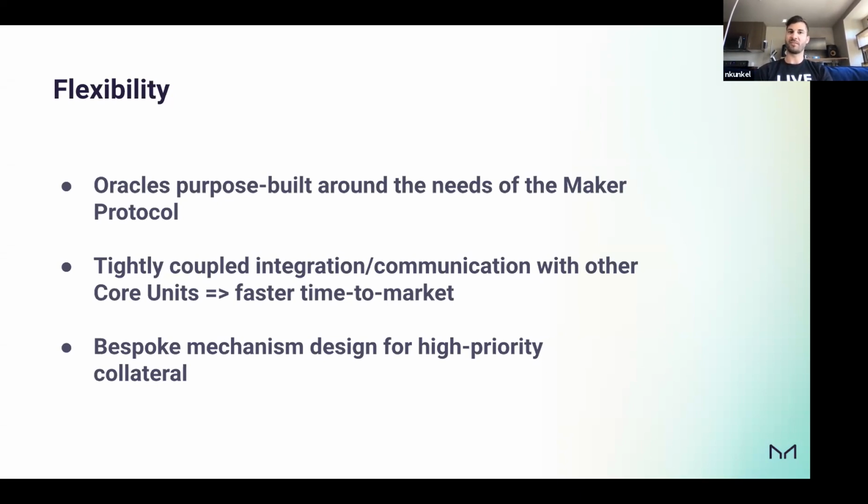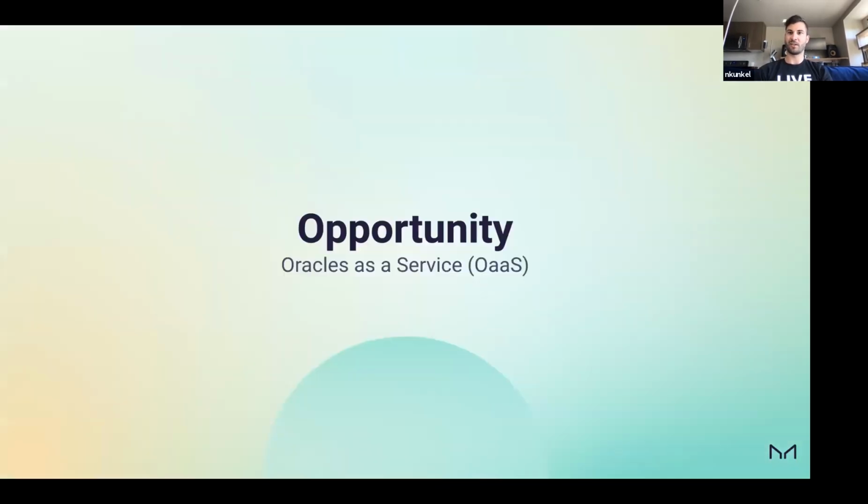And that leads me into the last one, and this one's kind of a big one. It's opportunity. There is, and I want to choose my words carefully here, but there is a big opportunity here for productizing oracles and offering oracles as a service.